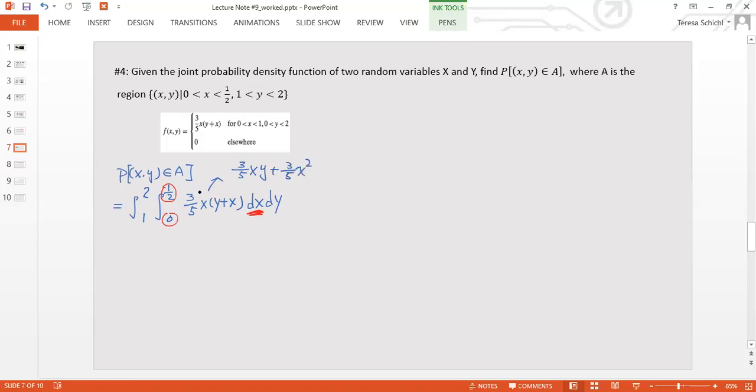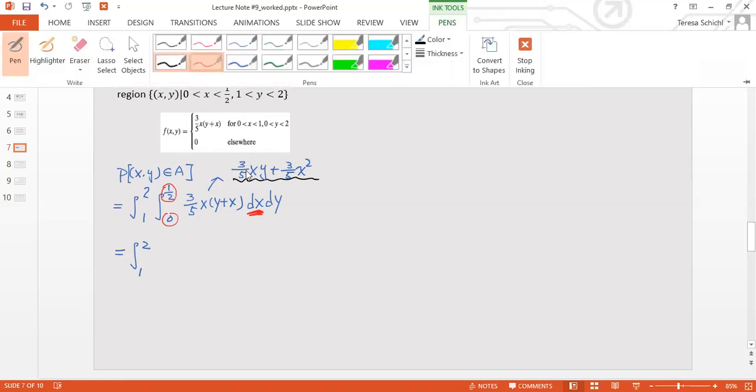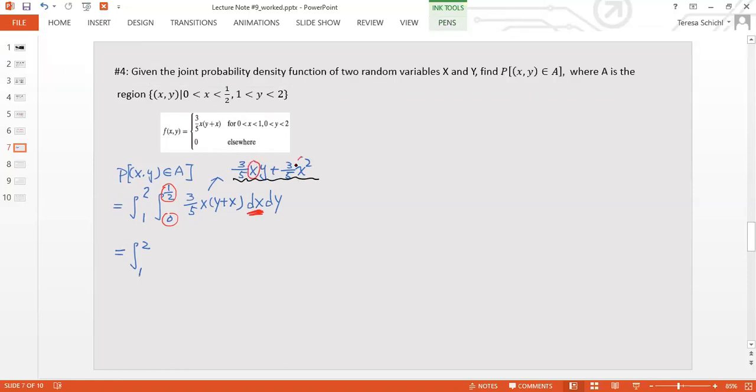Now let's integrate these. For the first layer, remember y is a constant, so you only integrate with respect to x here.